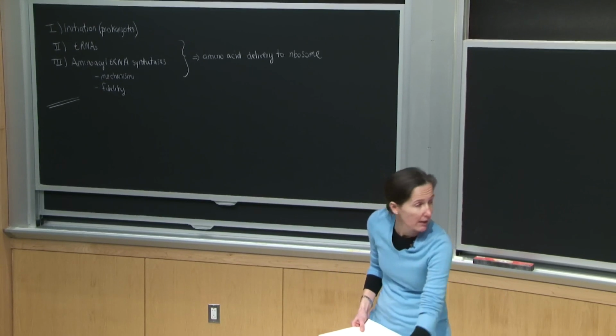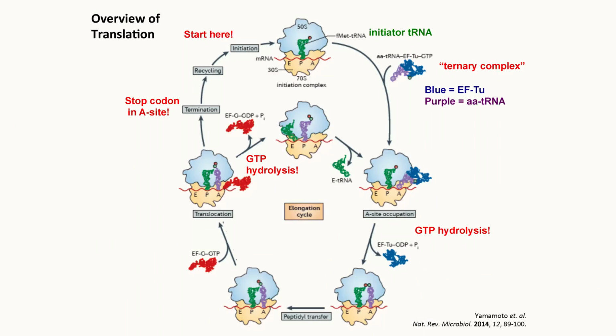So the first questions are, how does initiation happen? So how does this 70S ribosome get assembled with the mRNA and initiator tRNA bound? And then we're going to ask, how do we get an aminoacyl tRNA such that the amino acids can be delivered to the ribosome?